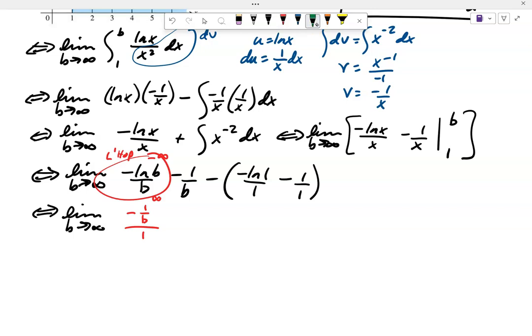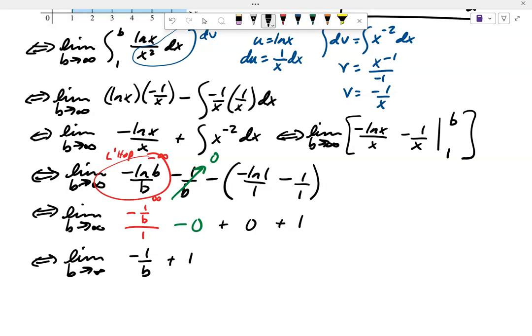Minus, now as I run this to infinity, negative 1 over infinity, that's going to go to 0. So minus 0. And I got plus the natural log of 1, 0, and then plus 1. And so we've got a limit as b goes to infinity, negative 1 over b minus 0 plus 1.